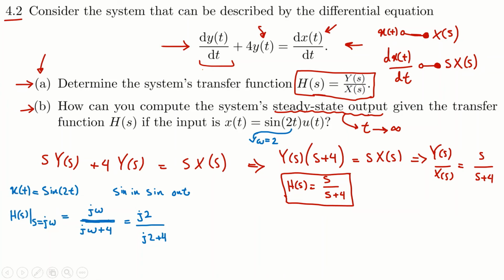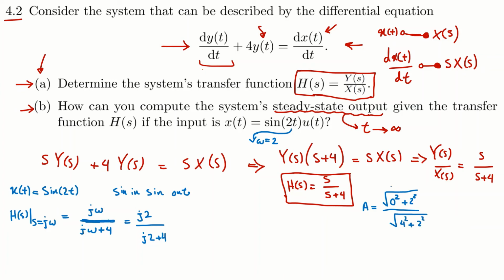Well, the magnitude A equals the magnitude of the numerator, which is the square root of 0 squared plus 2 squared, divided by the magnitude of the denominator, and that's the square root of 4 squared plus 2 squared.